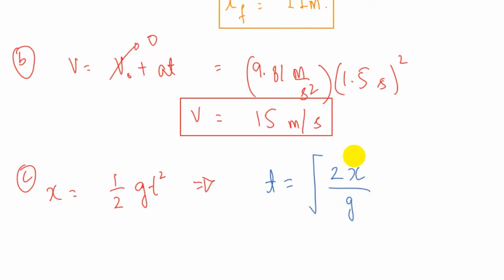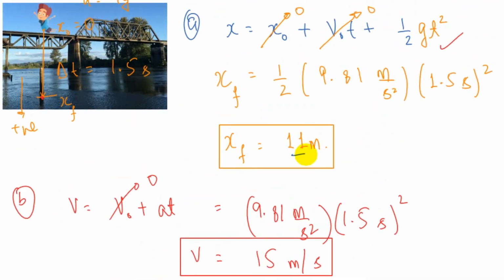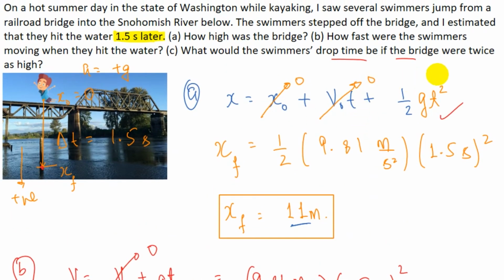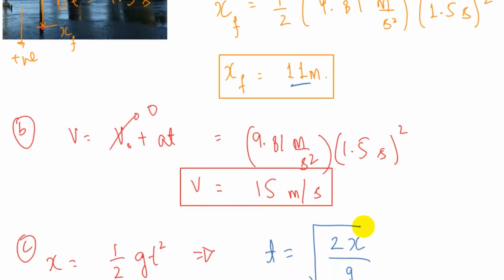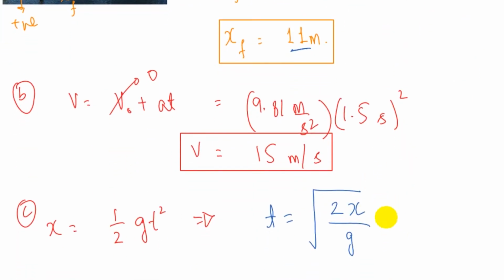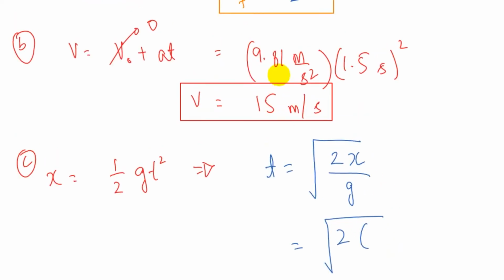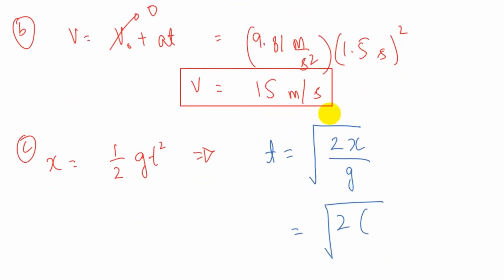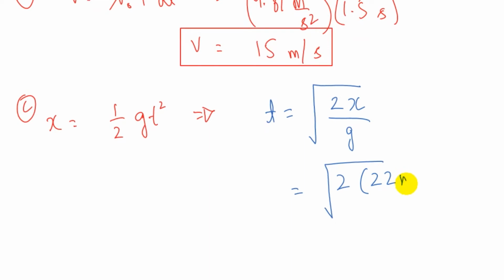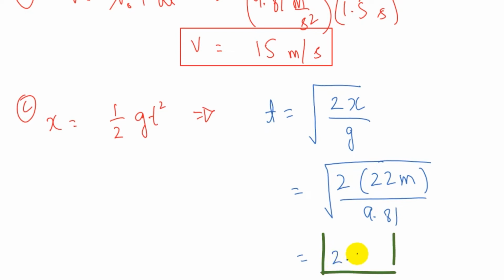Now initially we calculated x to be 11 meter, but they want this distance to be twice as high, so this would become 2x, that is 11 times 2, that is 22 meter. So t equals the square root of 2 times 22 meter divided by 9.81. So this would be equal to 2.1 seconds.